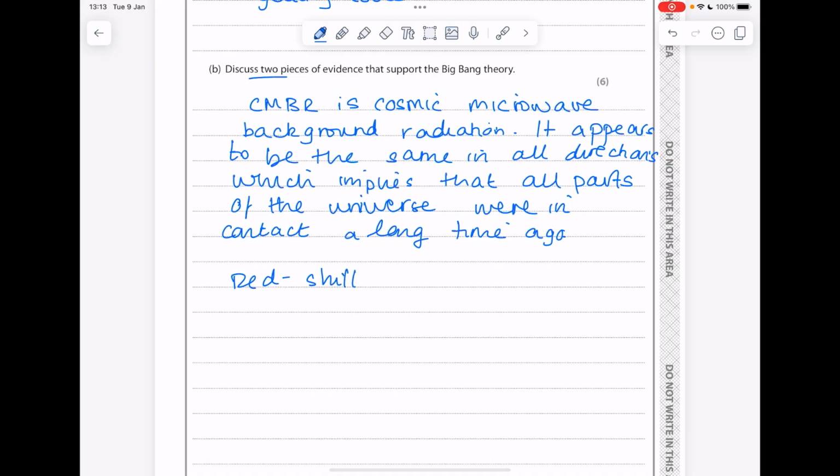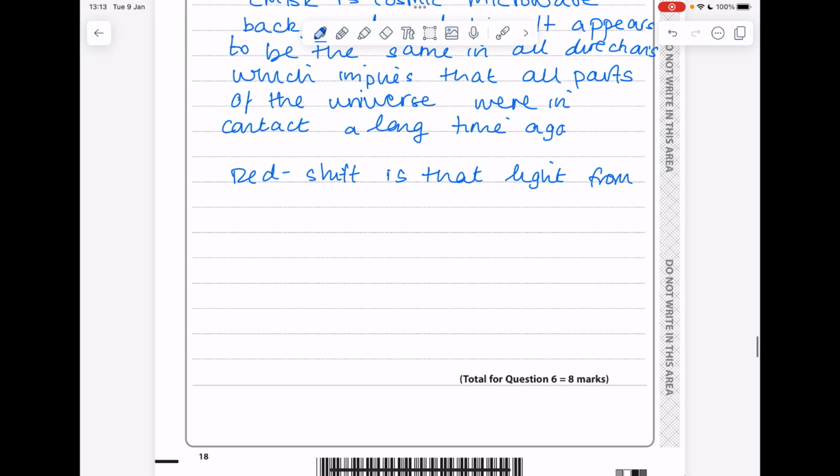Redshift, so what that means is that light from distant galaxies appears redshifted. Remember, this indicates that the universe is expanding.